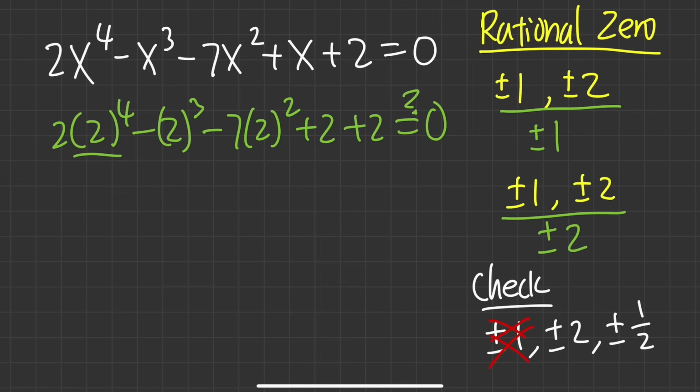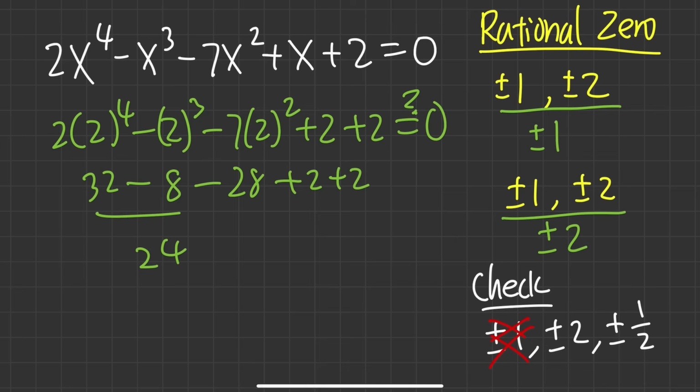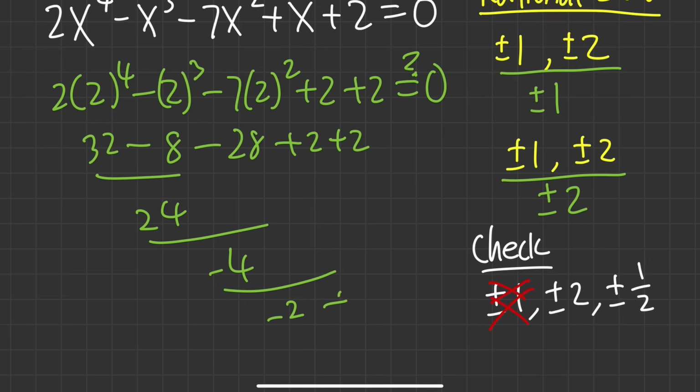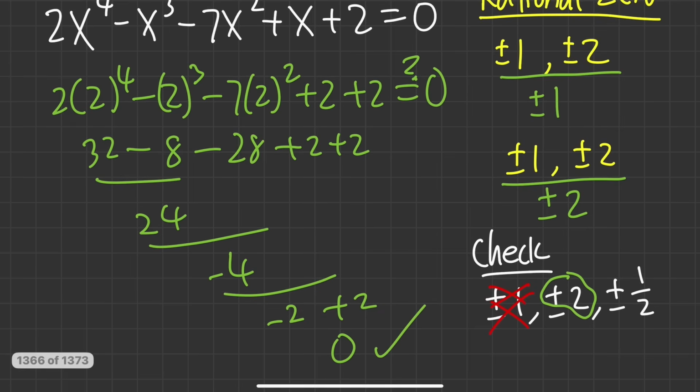Okay, 2 to the 4th is 16 times 2 is 32 minus 2 to the 3rd power is 8 minus 2 to the 2nd is 4 times 7 is 28 plus 2 plus 2. Okay, this right here is 24, and then 24 minus 28 is negative 4, and then negative 4 plus 2 plus 2, you get 0, so it does work. So 2 is an answer, right?